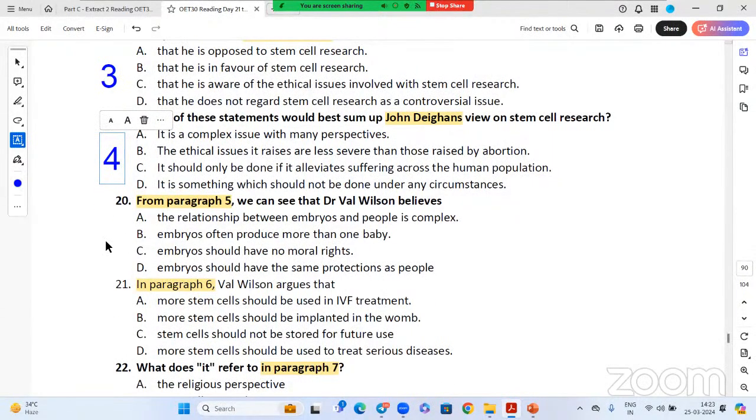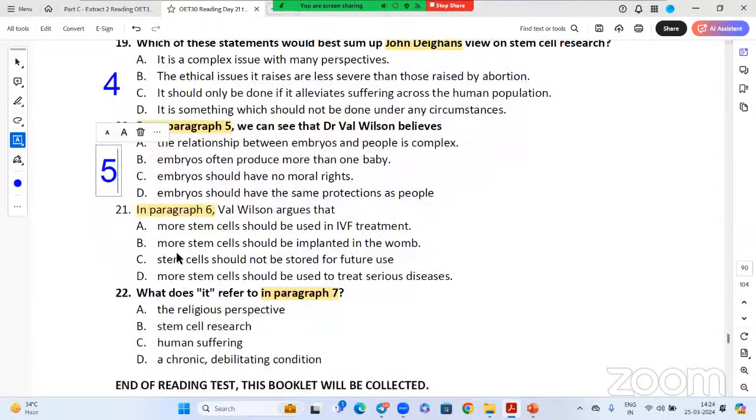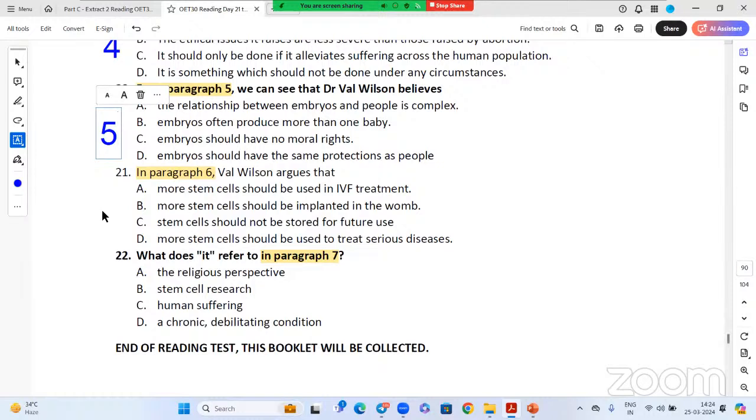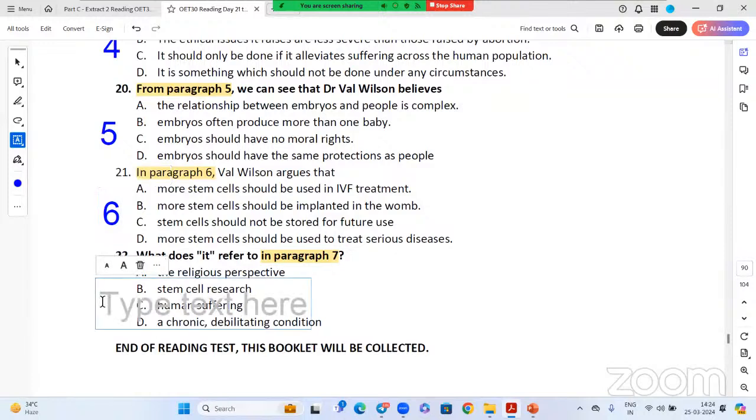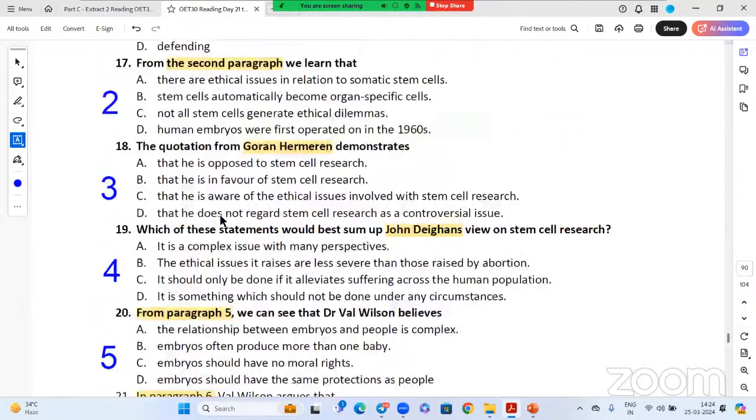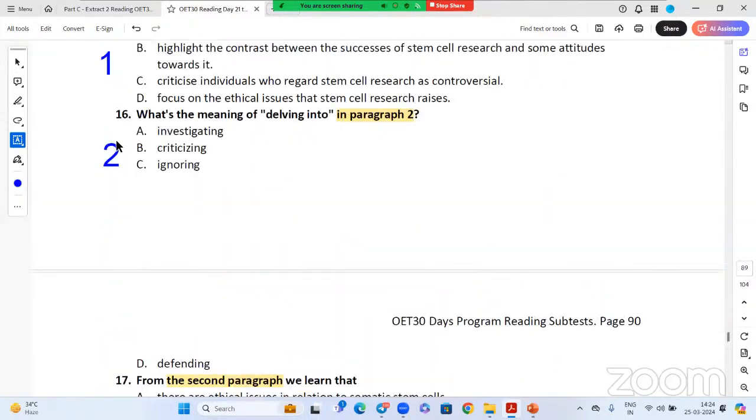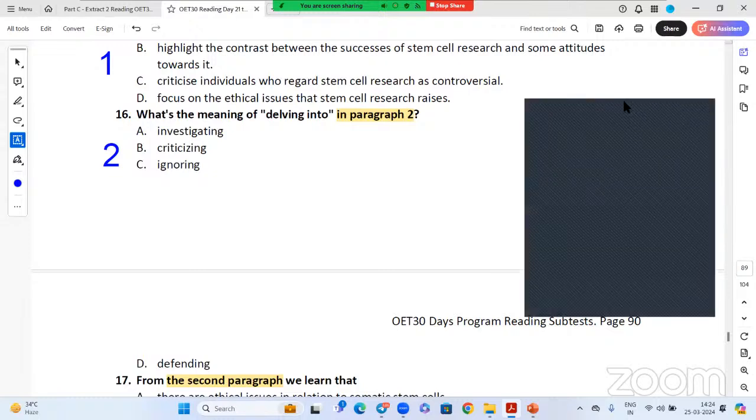Then this is the fifth paragraph. Then the sixth paragraph. Then the seventh paragraph. So we have got 7 paragraphs, each with 1 question, but 2 questions from paragraph number 2.